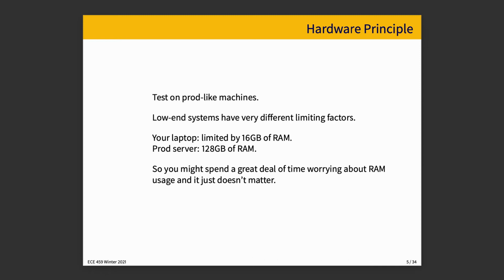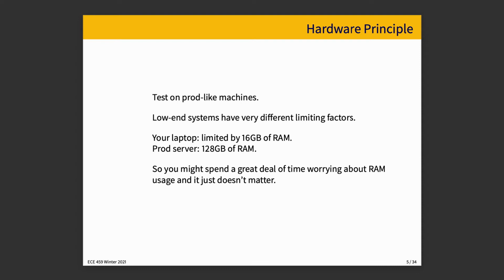If you want to know what, say, the maximum number of transactions that can be processed concurrently is, you won't find that out on your own machine. Low-end systems have different limiting factors. Your laptop maybe has 16 gigabytes of RAM, or 4 gigabytes of RAM is actually what's in the notes, but the slides are a little more up-to-date. The production server has 128 gigs of RAM, or 64 gigs of RAM, in which case it doesn't matter.